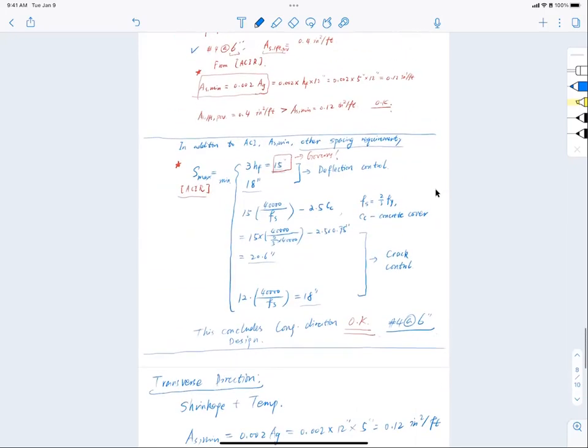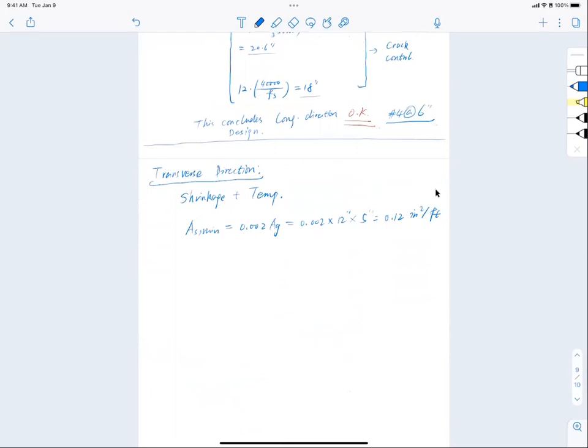Good. And this is our first requirement. And then the second requirement, S max.